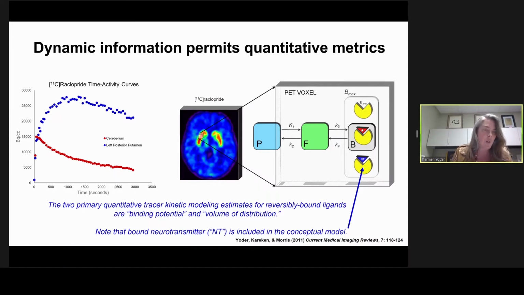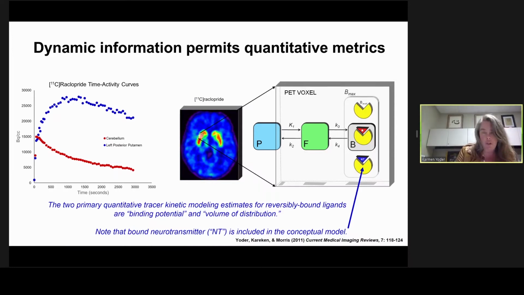We also have a curve from the cerebellum, which does not have very many D2, D3 receptors, and that's in red. And these time activity curves carry information about the tracer kinetics. And so what we do to get estimates of receptor availability is we feed these curves into a compartmental model, which is illustrated on the right-hand side.